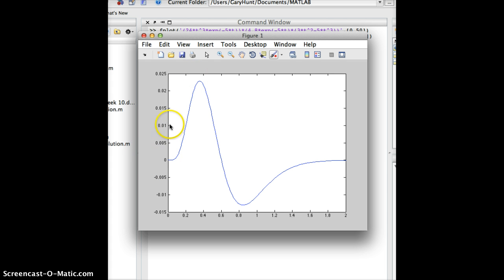All right, so my problem asked me to find the times when it was equal to 0.01, and it looks like that's going to be at around 0.2 seconds and somewhere around 0.6 or 0.5 seconds, somewhere in that neighborhood. So those are the times I'm going to investigate.